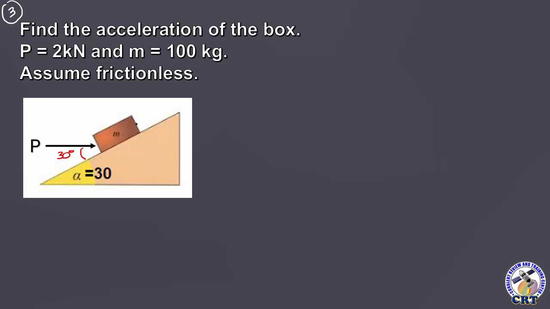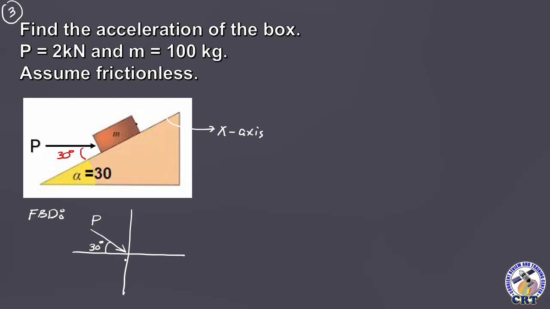Assume frictionless. So let us draw the free body diagram here, considering again the incline as the x-axis. With respect to P, this is now in this direction, 30 degrees with the incline or with the x-axis.